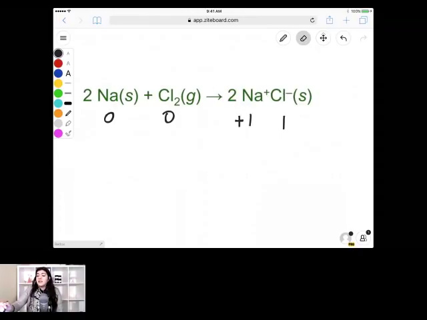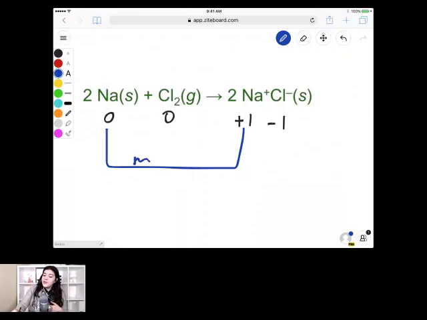So in our case, what is being oxidized? And what is being reduced? I know that sodium is going from 0 to +1 from our reactants to our products. That's becoming more positive, right? Because it's becoming more positive, it is being oxidized, or that's oxidation.